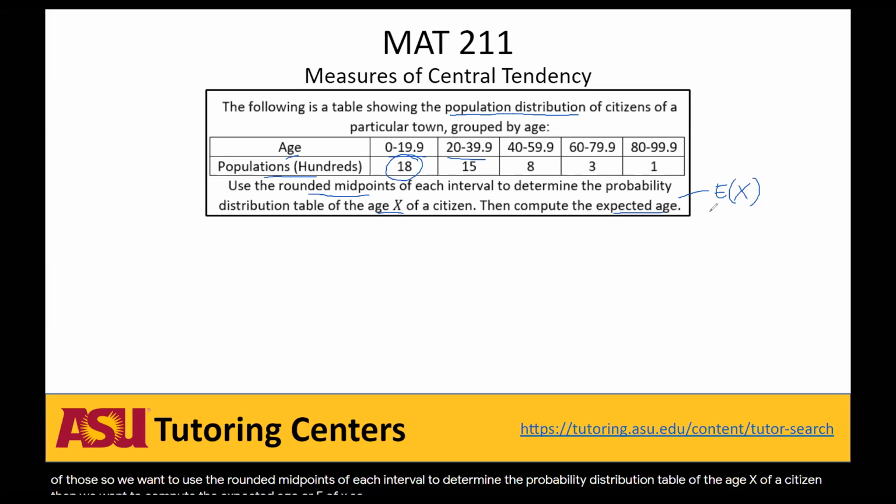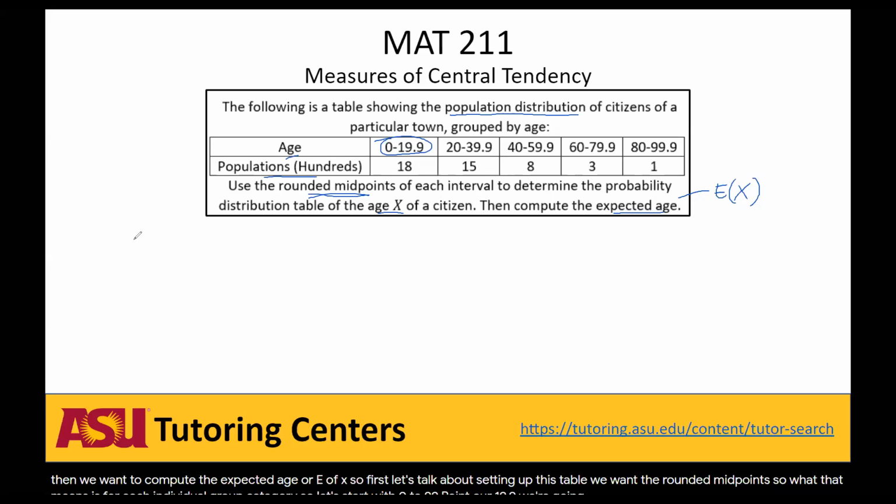So first, let's talk about setting up this table. We want the rounded midpoints. So what that means is for each individual group category, let's start with 0 to 19.9.